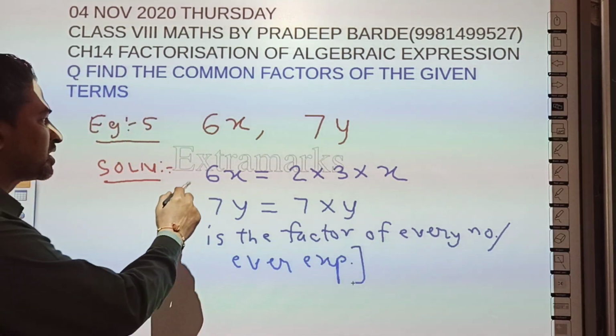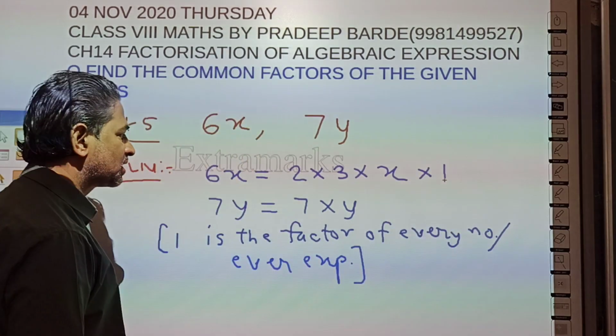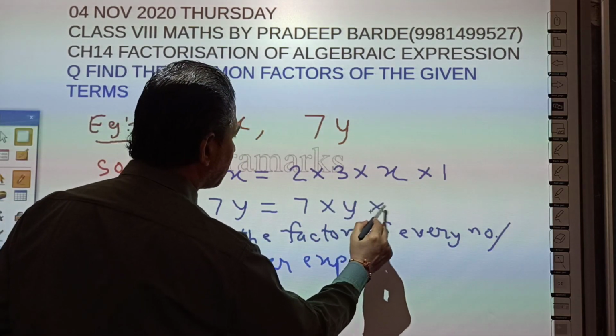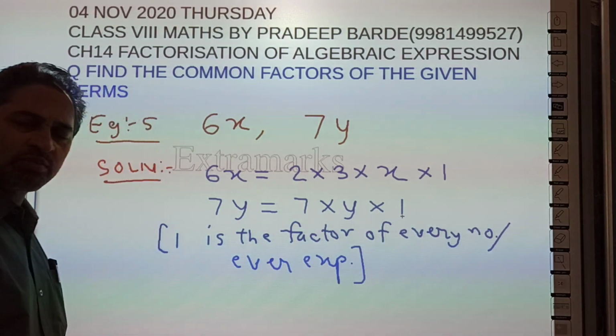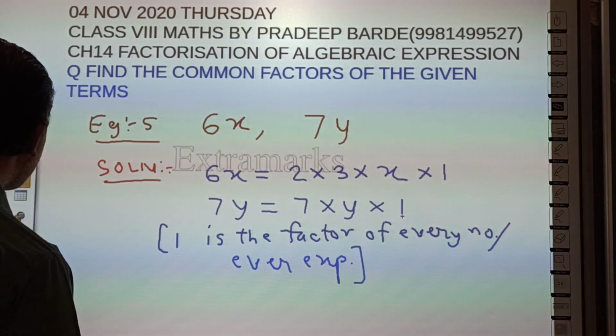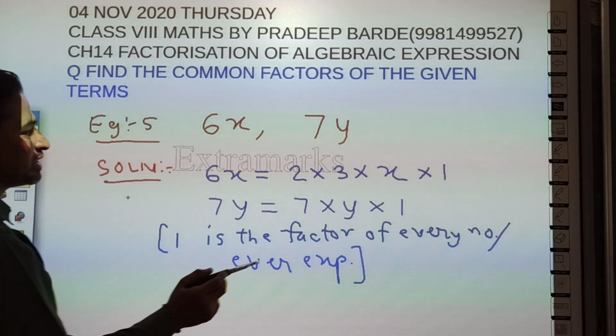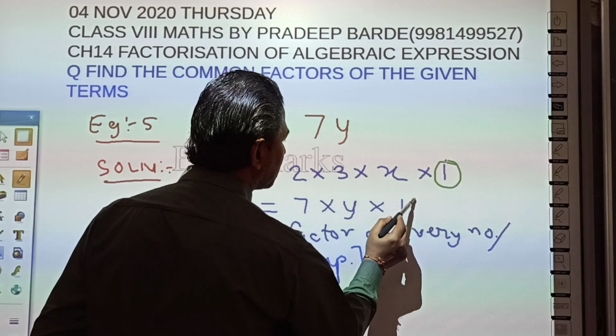So here, children, 1 will be a factor of 6x, so we can write 1 here, and in the other one also we can write 1. We can write multiplied by 1 in all the cases. Now we see what the common factor is. The common factor is 1.